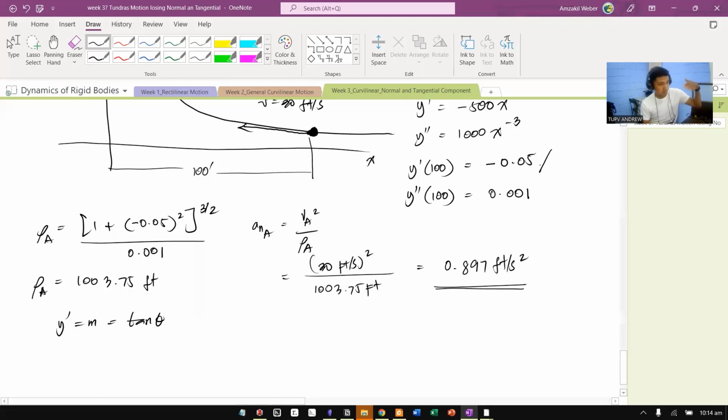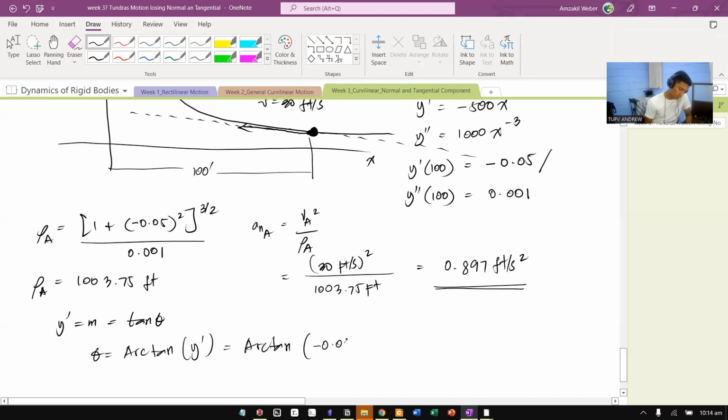That's the slope, negative, meaning it goes down, but only slightly. So the angle is the arctangent of y prime, arctangent of 0.05, which is about 2.86 degrees.